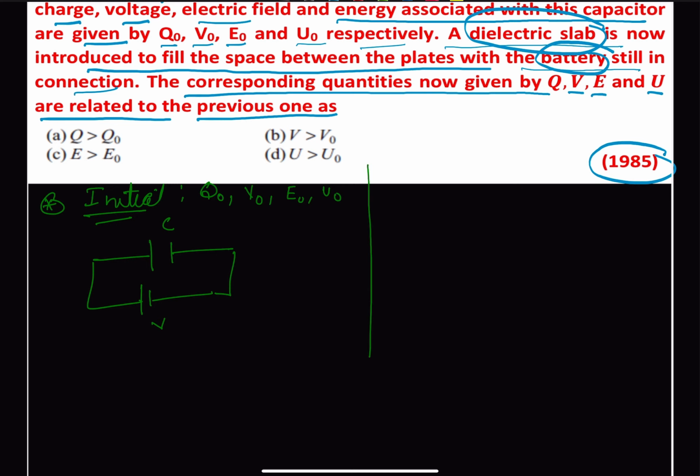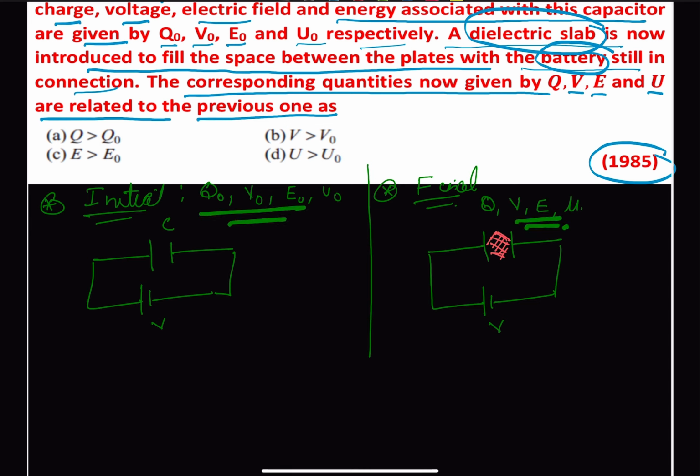And then we have our final condition. Under final condition, the capacitor is still connected with the battery source V, but now it is filled with a dielectric. Under this condition, charge is now Q, V is the voltage, E is the electric field, and U is the energy. We need to find out the respective relationships.